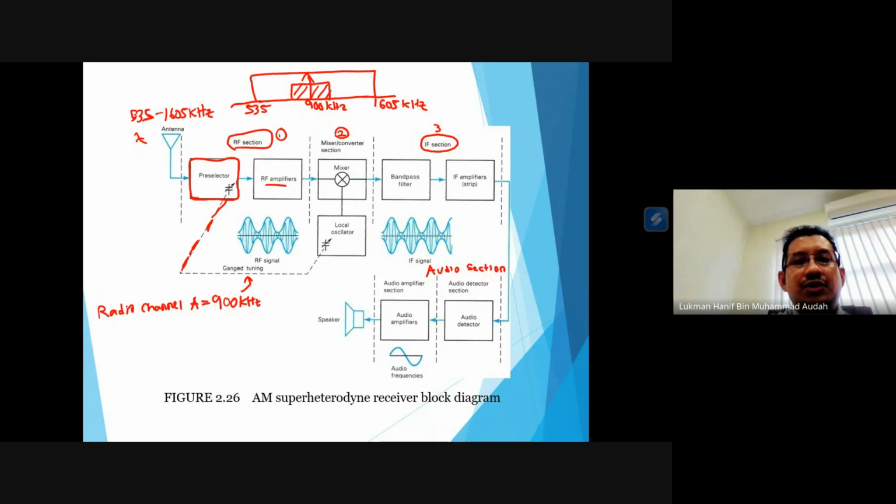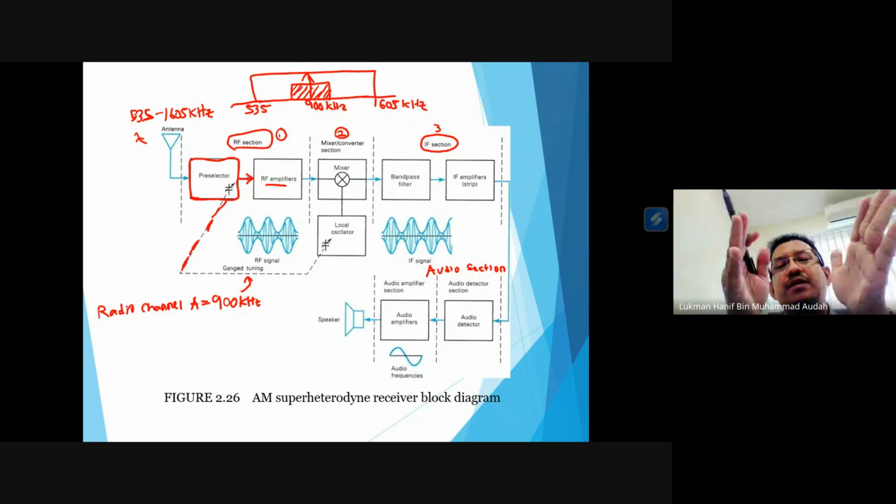Now I only select this portion of frequencies to pass through the pre-selector and go through the RF amplifier. The pre-selector limits the amount of bandwidth that it will process in the receiver.